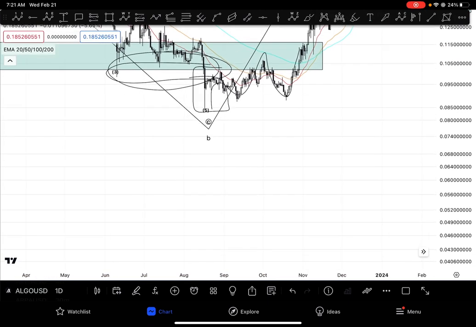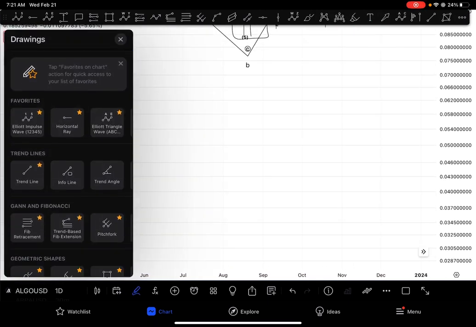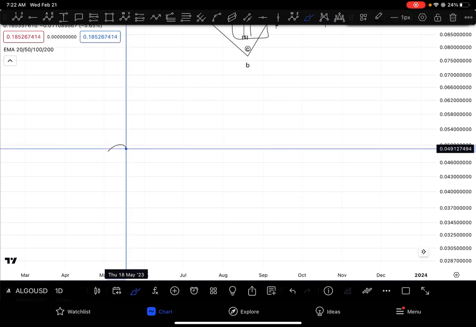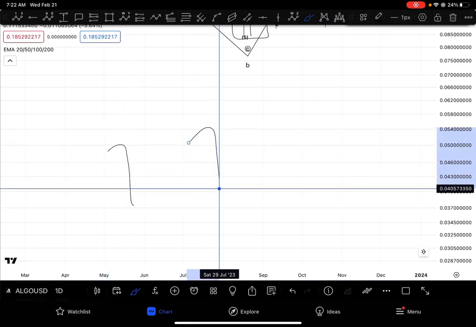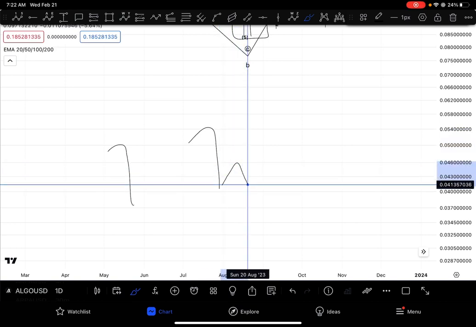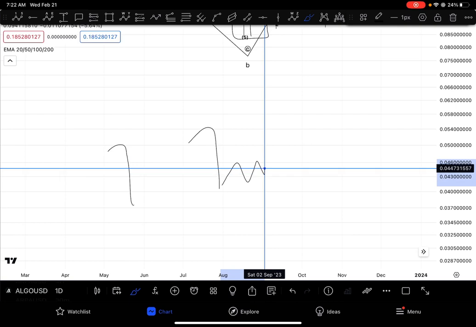So whenever you want to know how to find the best entry, you have your downtrend over here. Wait for a range to form, okay?